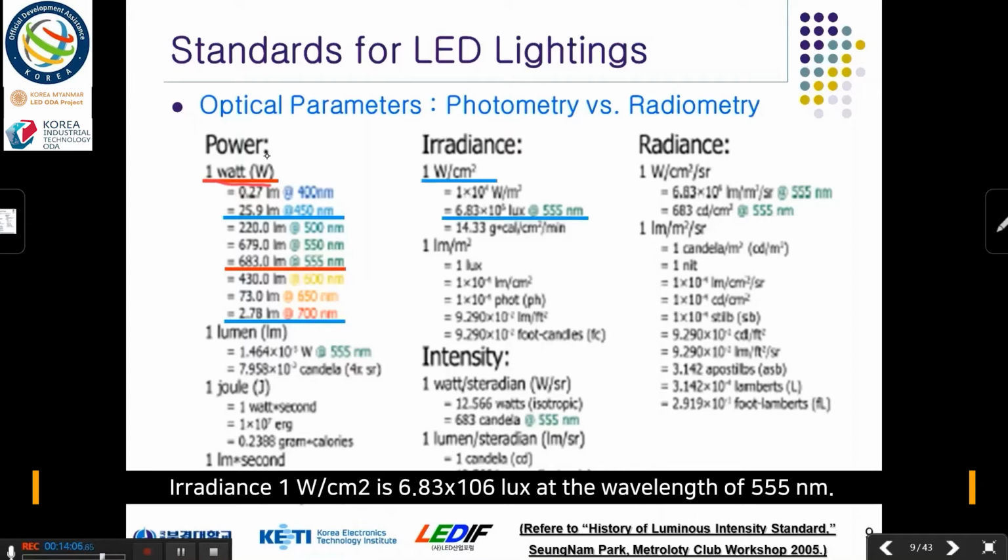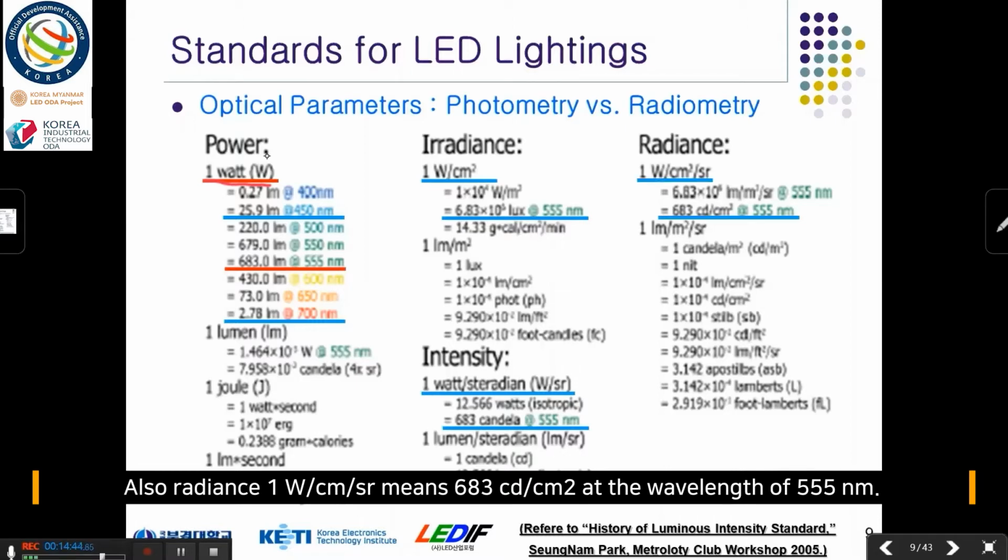Irradiance, 1 watt per centimeter square, is 6.83 multiplied by 10 to the power 5 lux at the wavelength of 555 nanometer. Intensity, 1 watt per steradian, means 683 candela at the wavelength of 555 nanometer.